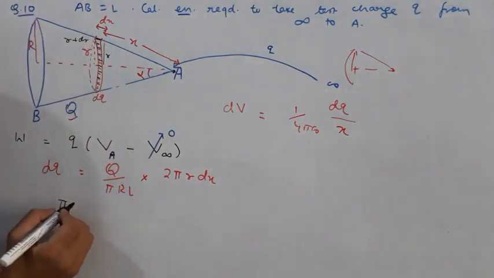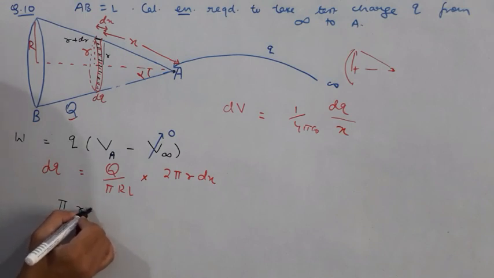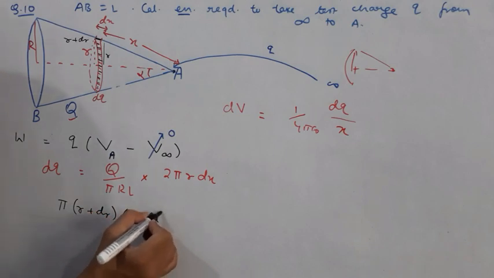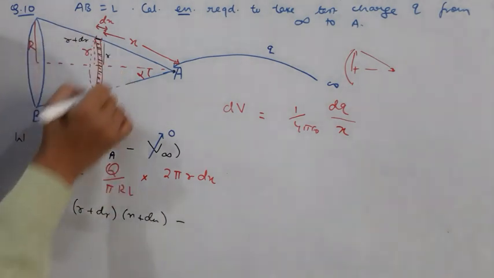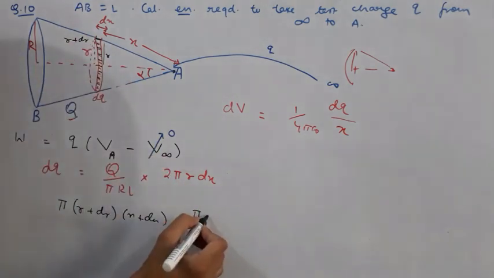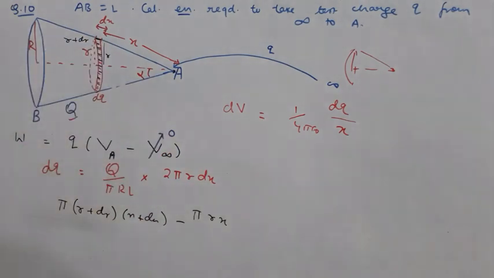The outer cone will have surface area pi times r plus dr times x plus dx, minus the inner cone, which has area pi times its radius r times its slant height x.